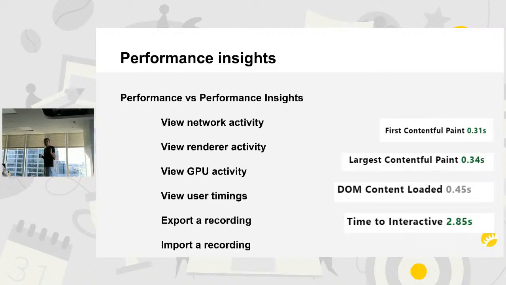Largest contentful paint is when the major pictures, major text and most of the page are loaded and visible to the user. Then DOM content loaded: DOM is the structure of our website, so at least the browser knows what to do with this website because it has its skeleton.